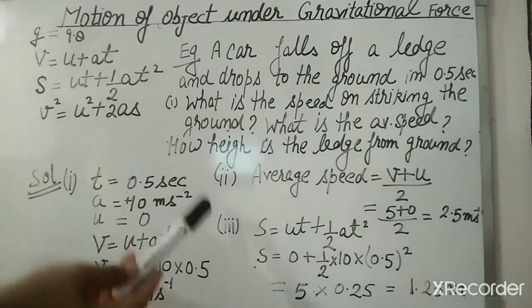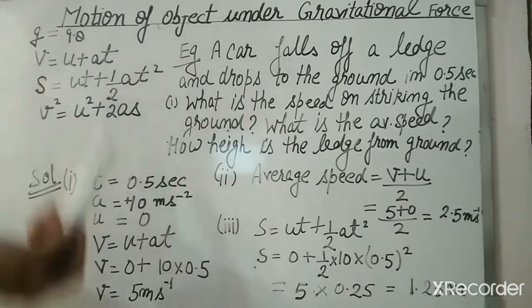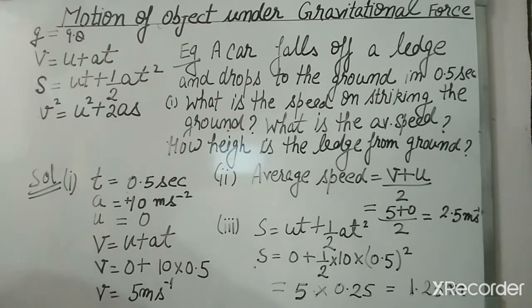Suppose in any numerical the value is not given, we can take a equals 10 meter per second square, since it is near 9.8. Right? Initially the car is at rest, so the initial velocity u is 0, right?